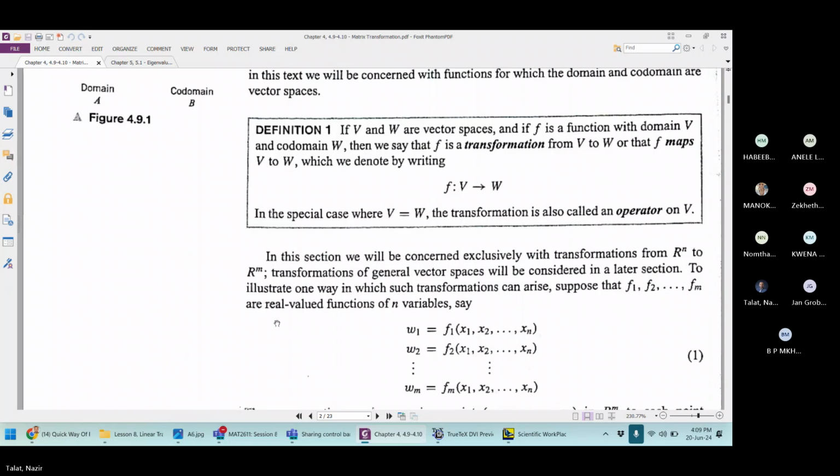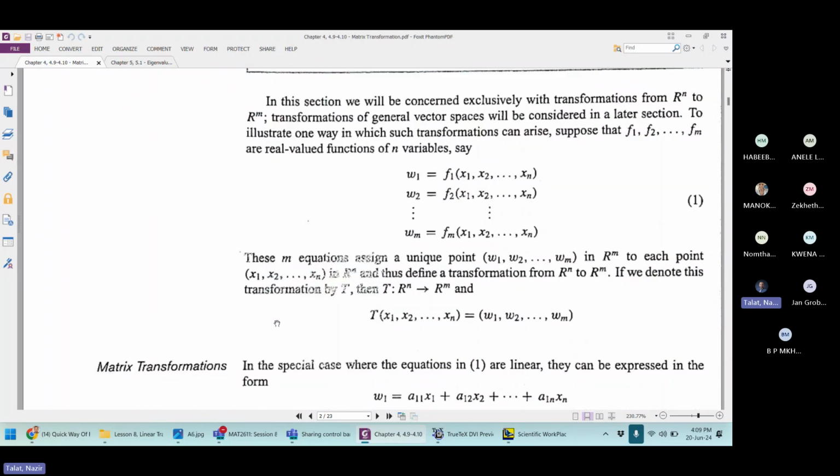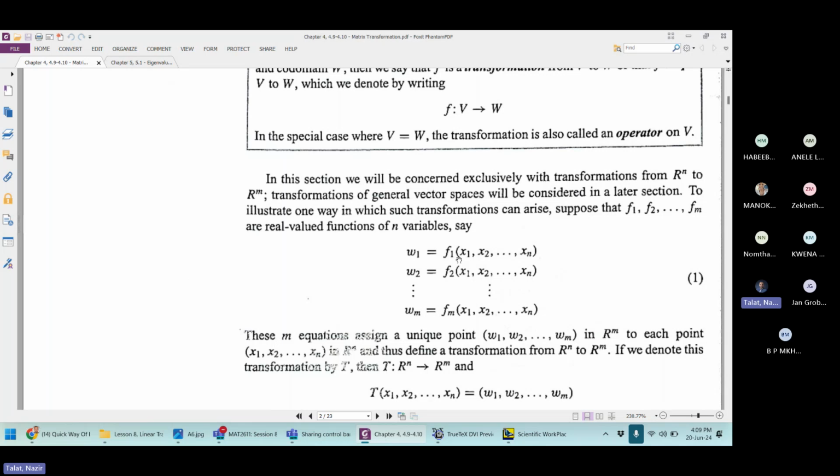Now notice that F is taking the elements of V. Since V is a vector space, it has elements x1, x2 up to xn, and for each element, whenever we apply F on that, we will get some w1. Similarly, F2 will give us w2, and so on up to Fm, which will give us wm.